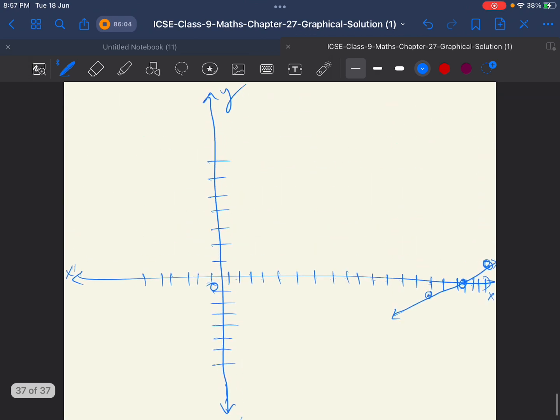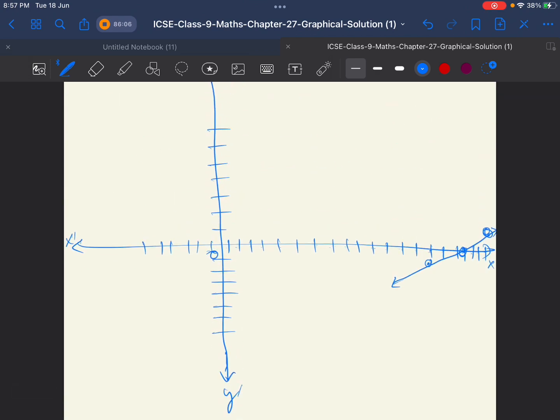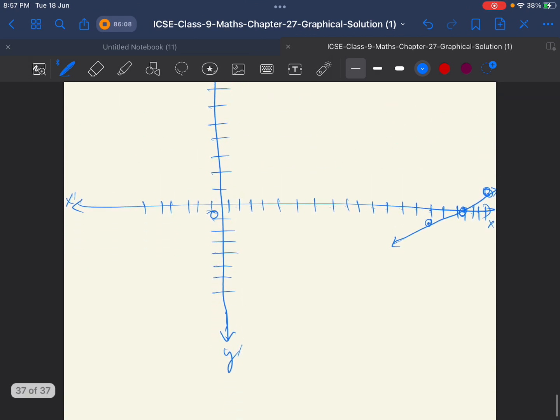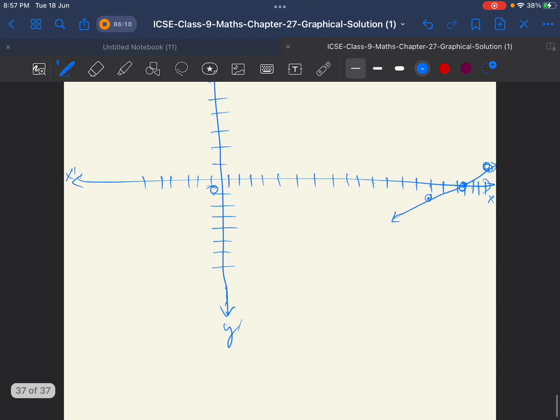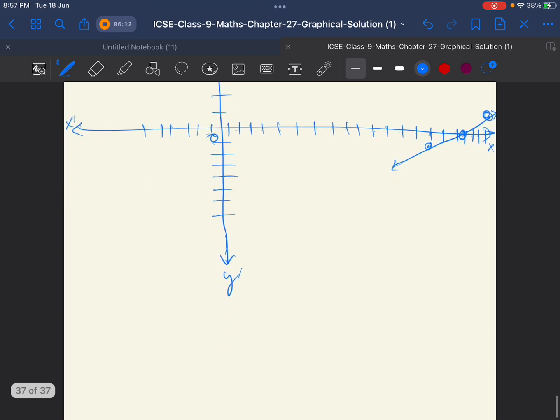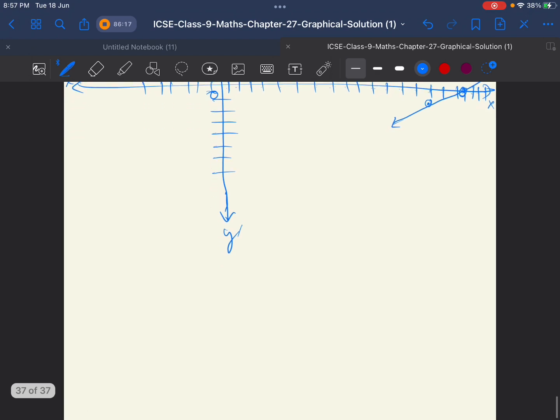Now if this straight line passes through the points (m, minus 5) and (6, n), find m and n.